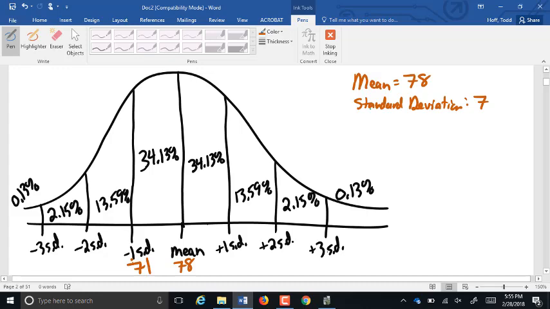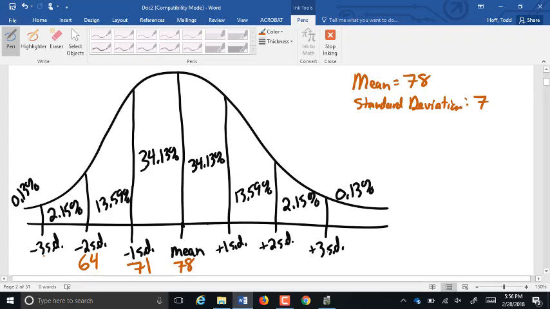What's going to go down here in this next position? 71. Where did I come up with 71? Well, I took the mean of 78 and I subtracted a standard deviation of 7. The next position is going to be 64. I take 71 and I subtract that 7 again.